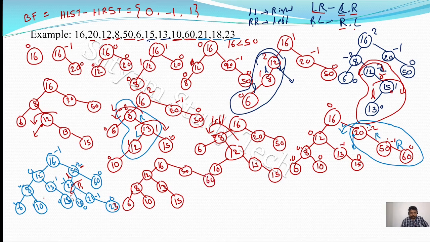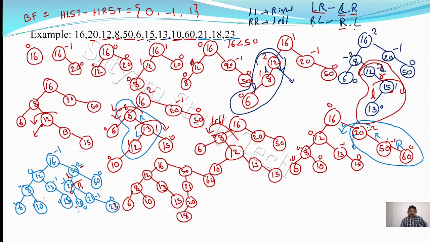Then you have to perform right rotation, left rotation, so that here it is 21. Okay, 21 and left of 21 is 20. Here it is 18.